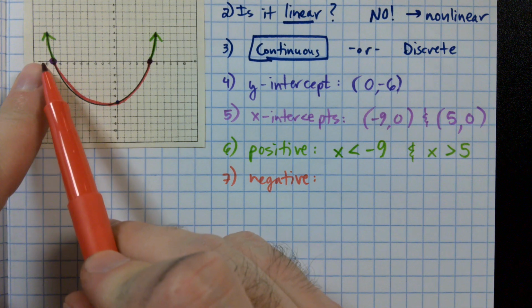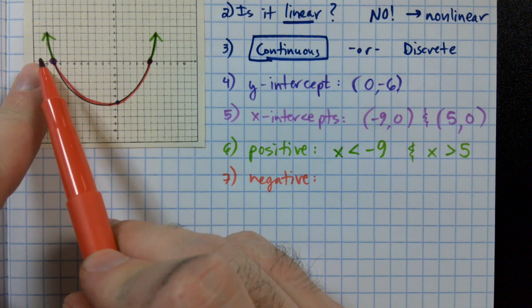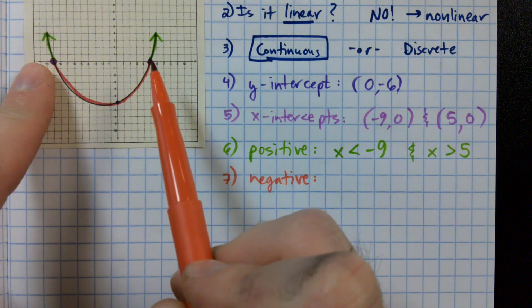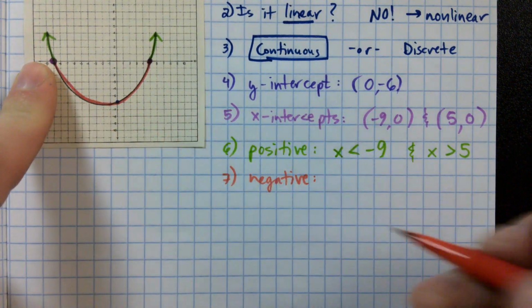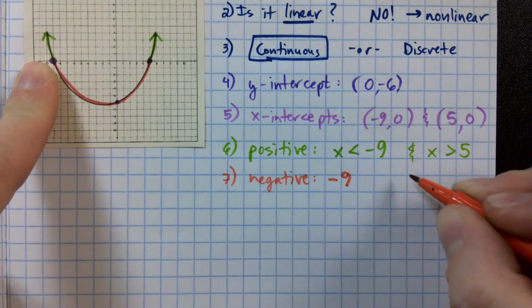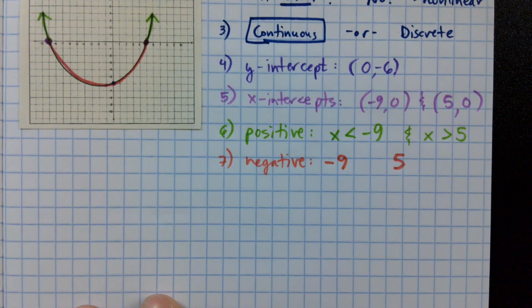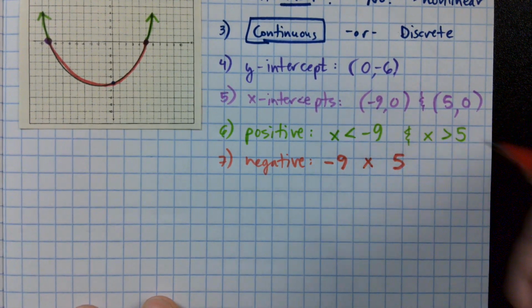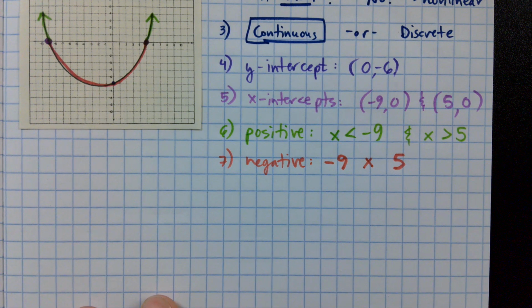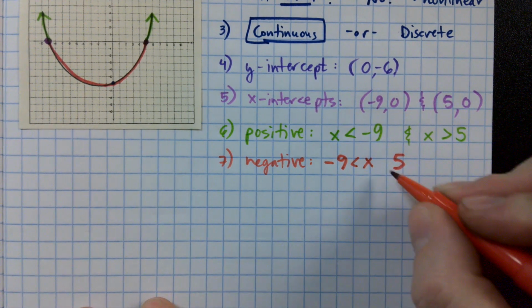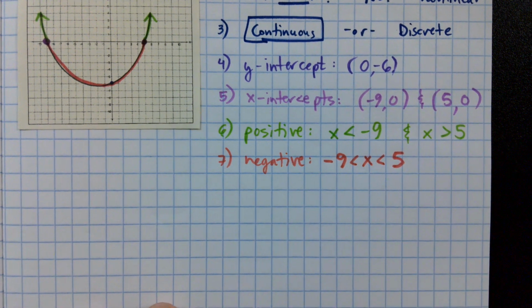Give me a thumbs up if you see that. Where does it end? 5. So my function is negative anywhere in between -9 and 5. Well, if my x is in between them, it's got to be greater than -9 and less than 5.